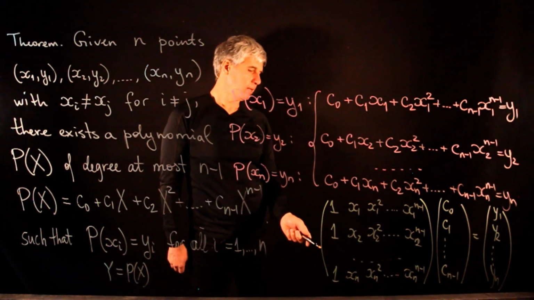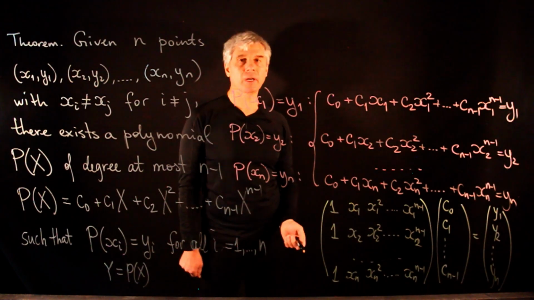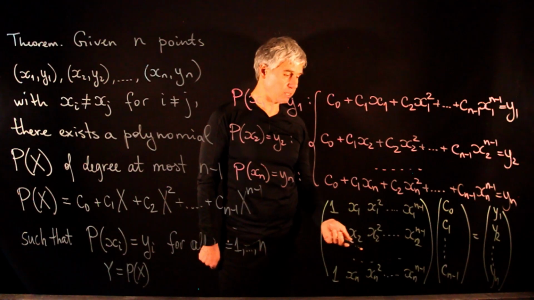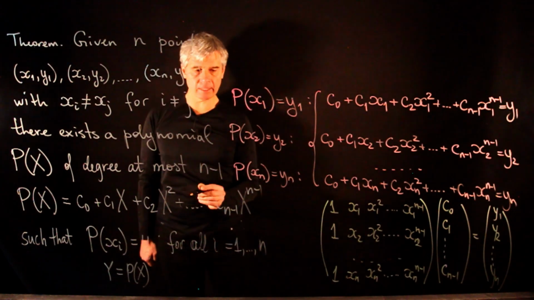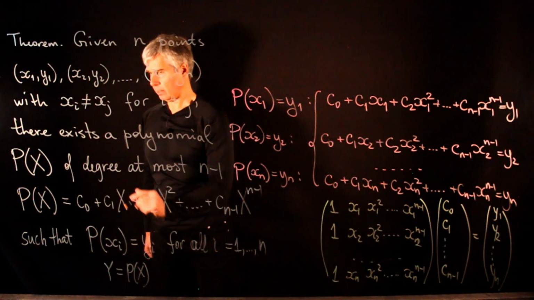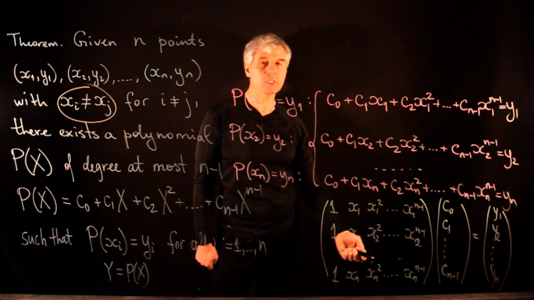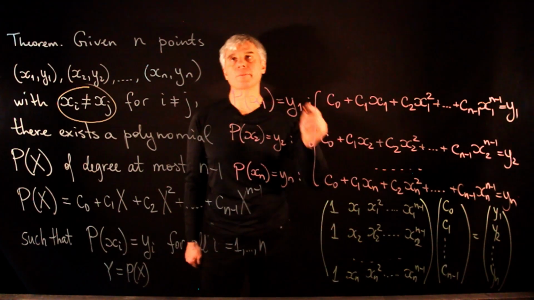And what we see is that the matrix of this system of linear equations is the transpose of the Vandermonde matrix. And because all the xi's are distinct, we have this condition. So this tells us that here we have a square matrix with a non-zero determinant.